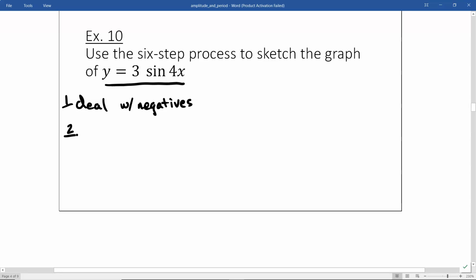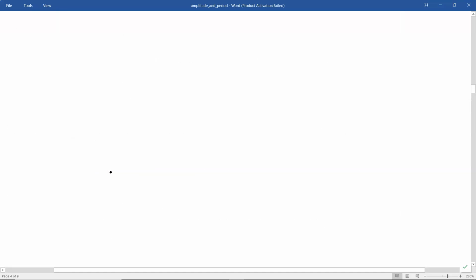So step 2 is going to be to find the amplitude of the function. And in this example, we can see that we have a 3 out front of our sine, and that makes our amplitude equal to 3. We want to also find the range. I can't remember if this is step 3 or not, but let me just double check.